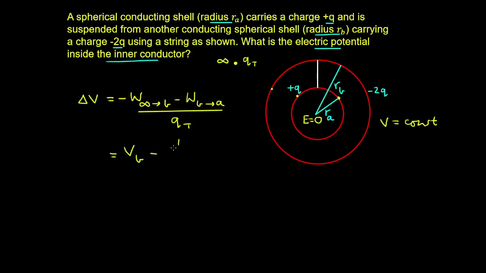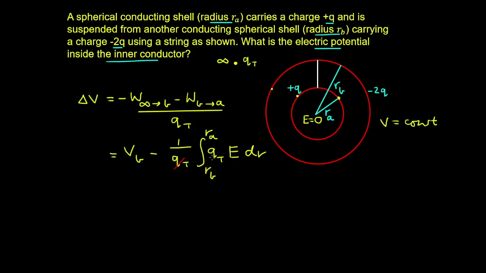And we have minus 1 on Qt by the integral of the electric force, which is a test charge by the electric field, integrated over R. And we're integrating from the radius Rb to Ra.